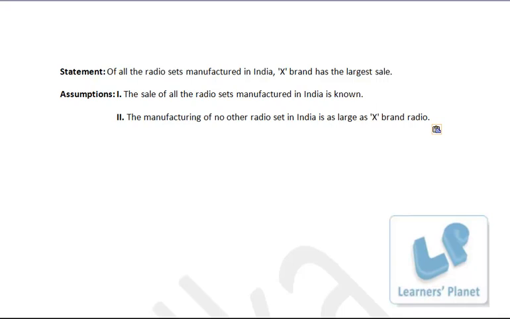Now the second one: the manufacturing of no other radio set in India is as large as X brand radio. Now if you read the statement carefully, X brand has the largest sale. Here it is mentioned that X brand has the largest sale. There are no comments on manufacturing, the number of devices being manufactured by X brand.